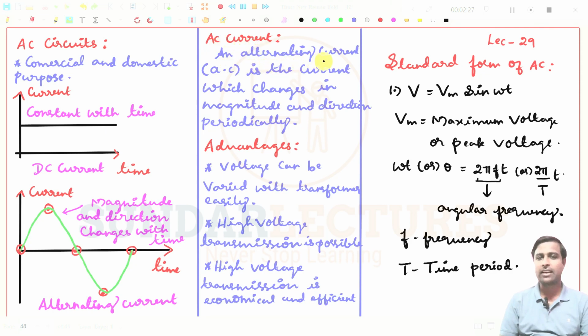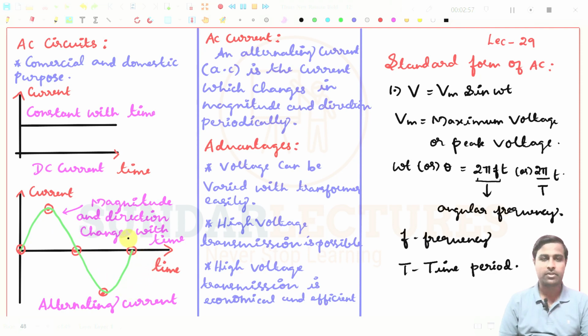Alternating current is the current which changes in magnitude and direction periodically, which means the time taken to complete one full cycle, I will explain a bit later, will repeat periodically. The time taken to complete one cycle will be the same for all cycles.